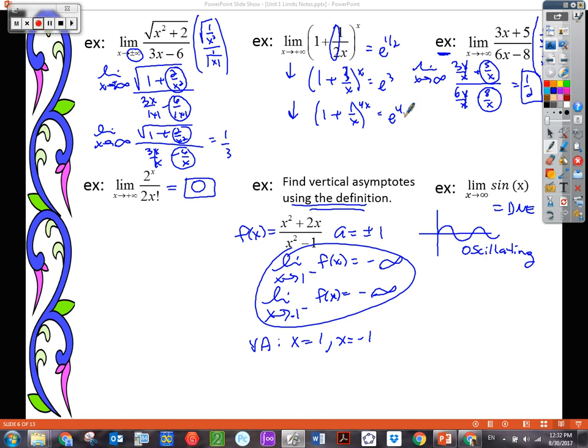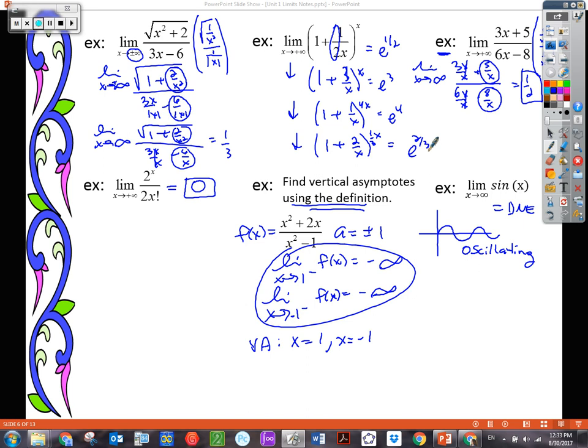You would multiply them. Exactly, you would multiply them, that's all. So again, we'll just make an example. What if we had 1 plus 2 over x to the 1/3 x? So our answer is going to be e to the 2/3. Okay? I'm hoping that's okay.